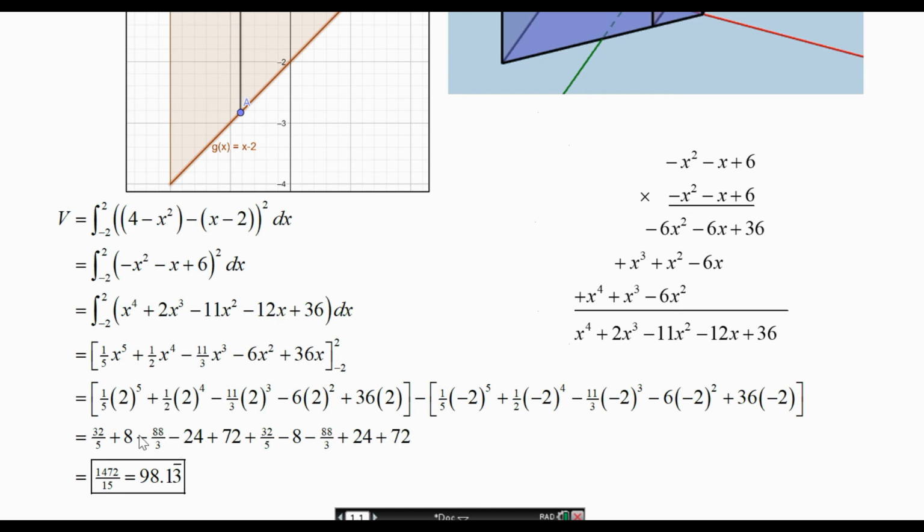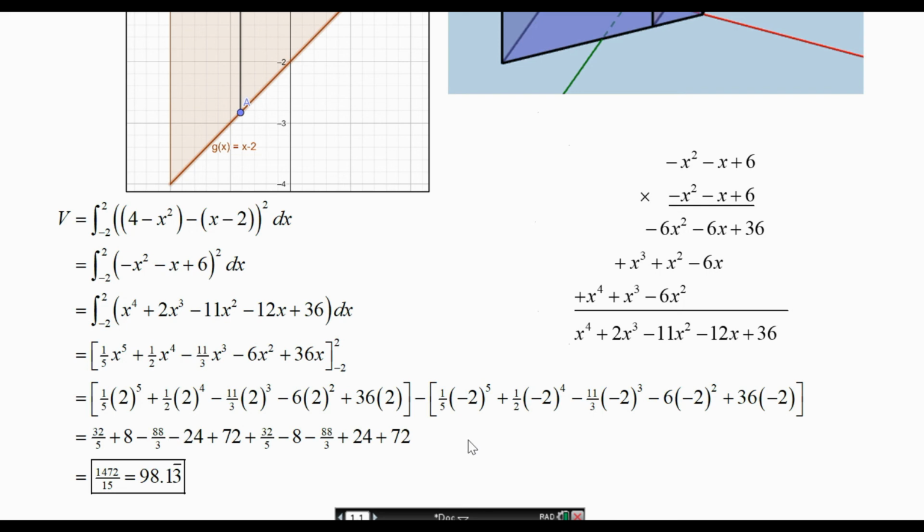And then just add this up. If you notice, every other term is going to cancel out. So that 8 cancels that -8. The -24 cancels that 24. But the others double up. We've got a 32/5, another 32/5, that's 64/5, and then we've got 2 of these, so it's -176, and 72 and 72 is 144, and you have to get a common denominator at that point and add them up.